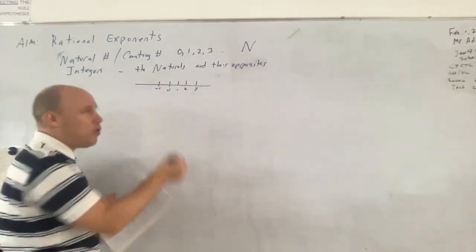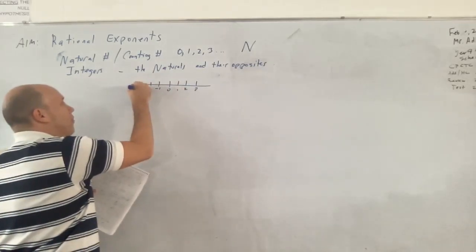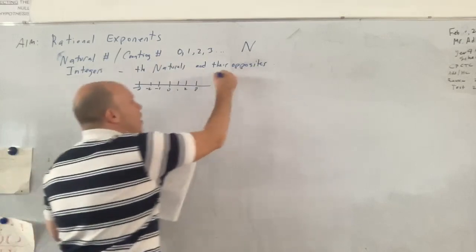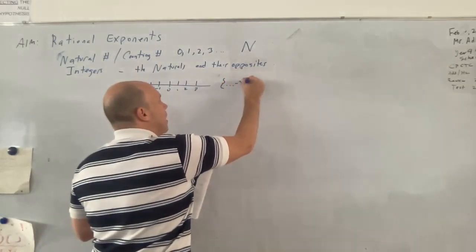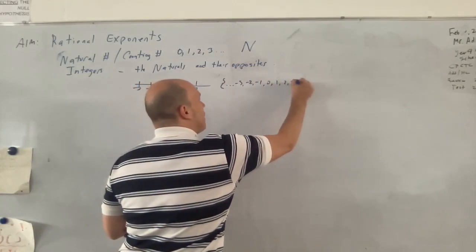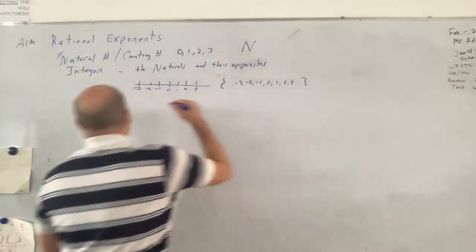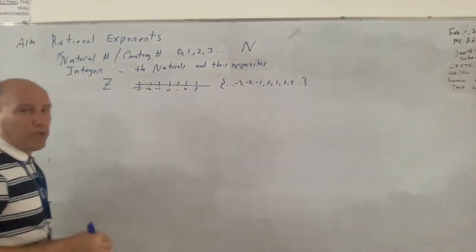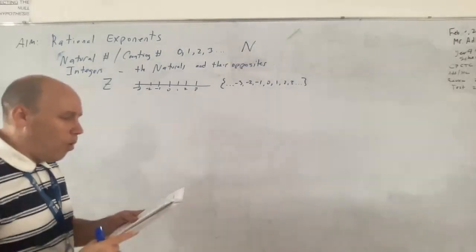Opposite of 2? Negative 2. Opposite of 3? Negative 3, and so on. In set notation: dot, dot, dot, negative 3, negative 2, negative 1, 0, 1, 2, 3, dot, dot, dot. The letter we use for this is Z, which is German for Zahlen.